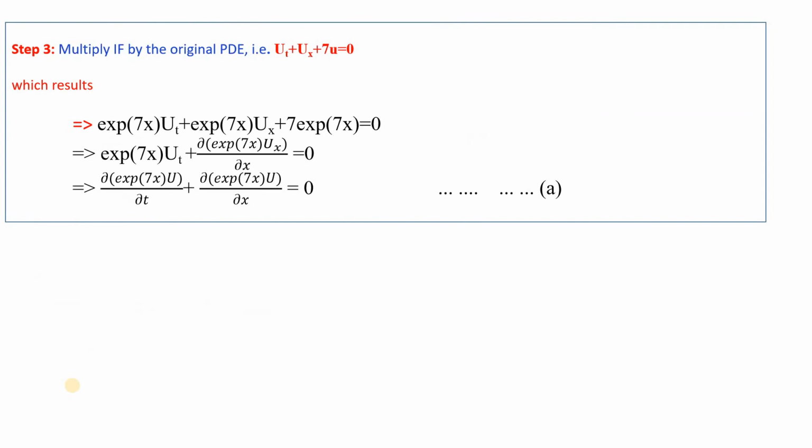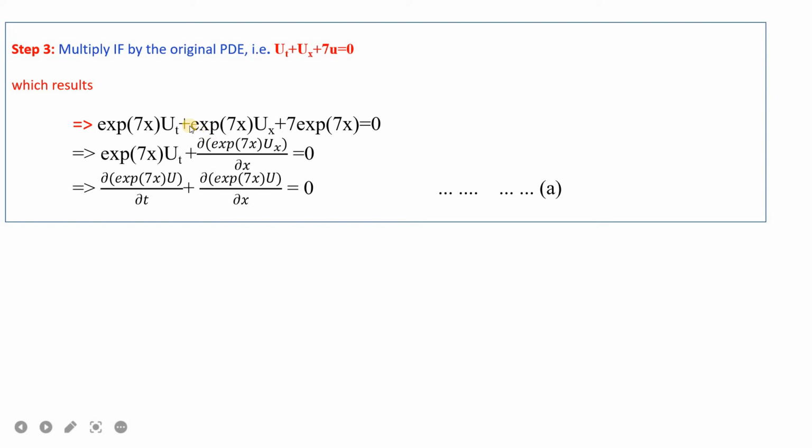Now in step 3 we multiply this integrating factor by our original partial differential equation, u_t plus u_x plus 7u equal to 0, which results in e^(7x) u_t plus e^(7x) u_x plus 7 e^(7x) u equal to 0.